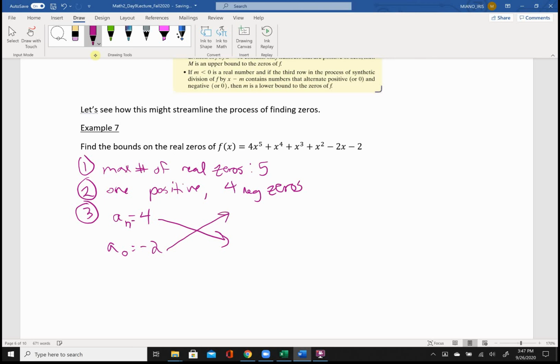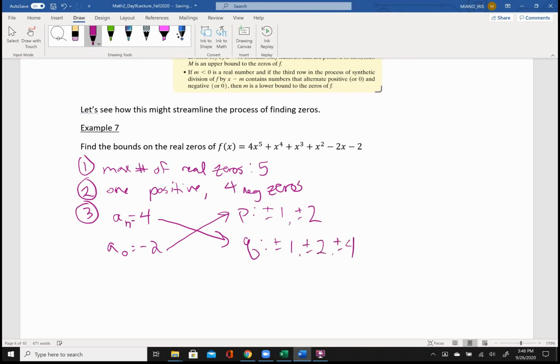Let's do our P's and Q's list. So the potential factors of P are plus or minus 1, plus or minus 2. Q is plus or minus 1, plus or minus 2, and plus or minus 4.